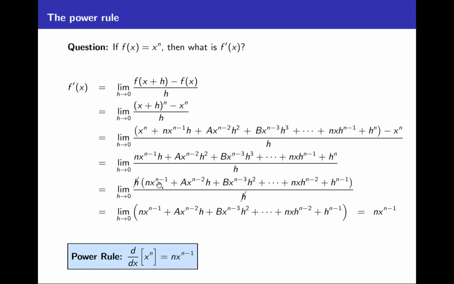And class, now that we've worked out this limit to find the derivative of x to the power of n, we'll never have to do this limit again for this particular function. We're just going to remember the rule. The derivative of x to the n is n x to the power of n minus 1. Now that you've seen it derived, you have license to use it, and you'll use it a lot.